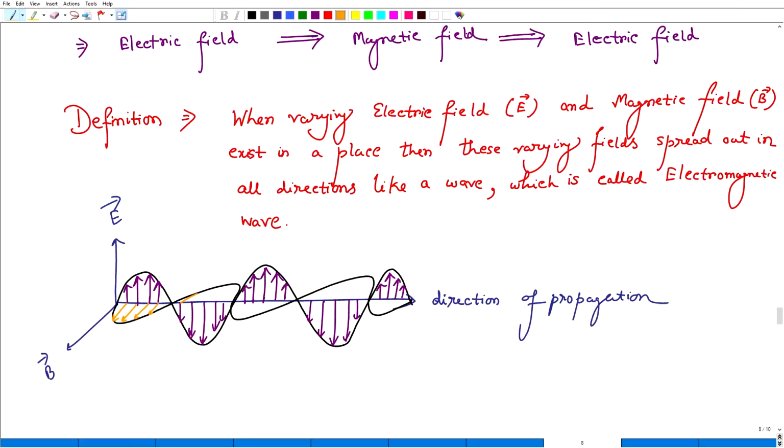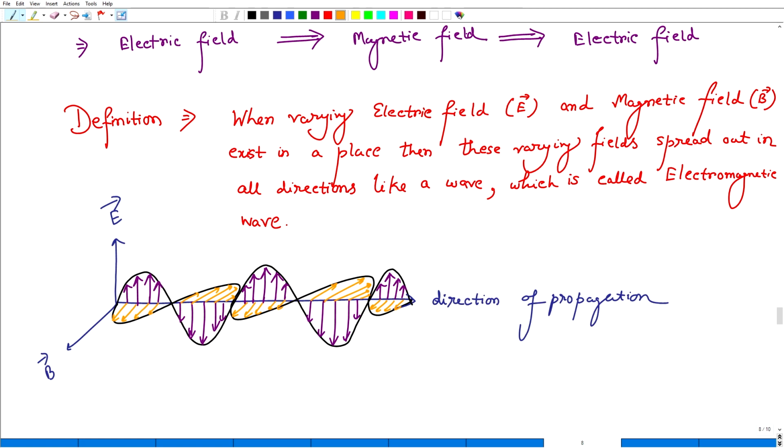Now B is changing with respect to time as well, so this magnetic field also creates the electric field in the perpendicular direction. In this fashion it will propagate, and the direction of propagation is perpendicular to both the electric field and the magnetic field. Okay, so this is the electromagnetic wave.